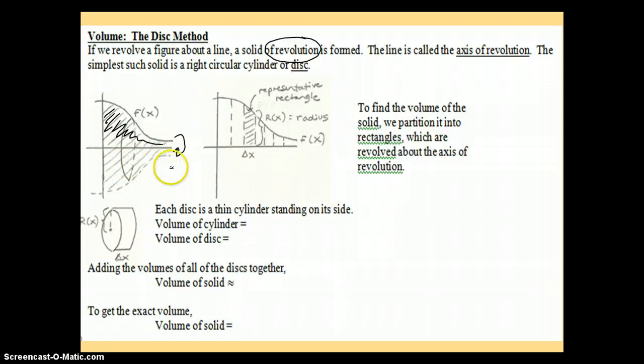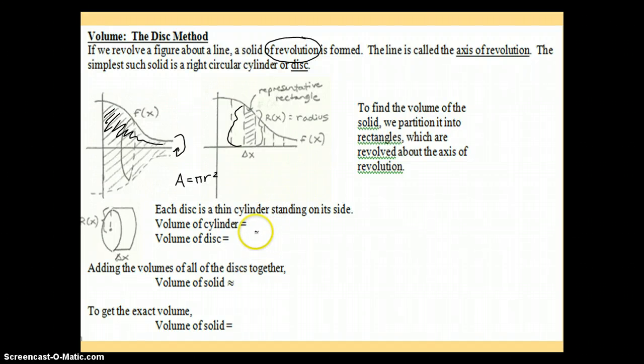Everything that we're going to do today with revolutions is going to deal with the area of a circle, which you know as pi r squared. As long as we can find the radius, which in the case of this figure is this length right here of the function itself against that x-axis.